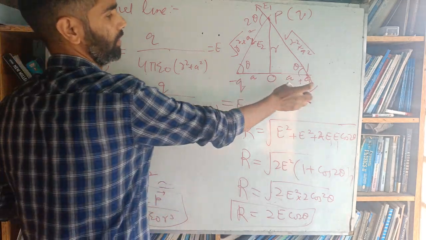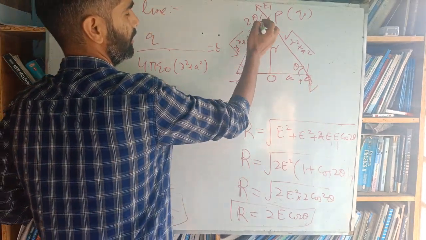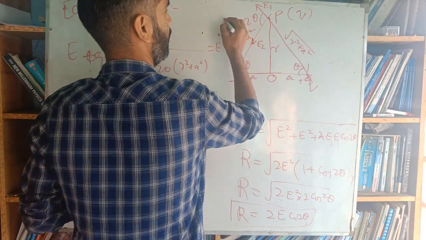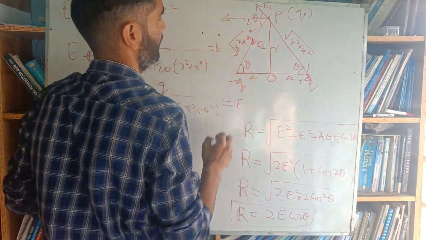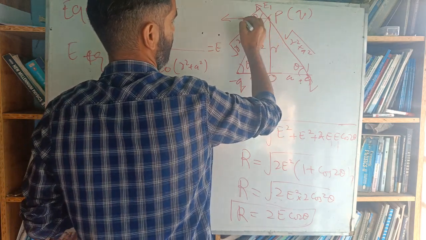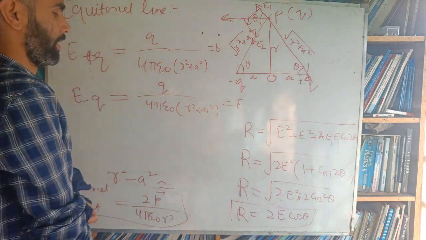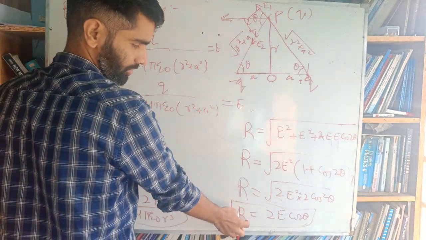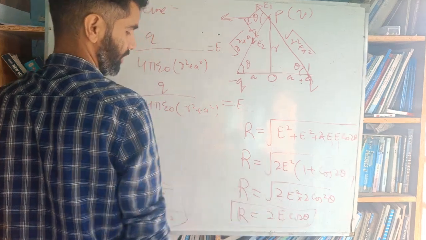Due to the plus q charge and due to the minus q charge, the resultant will be along the diagonal of this parallelogram. To complete this parallelogram, it will be along this direction, and the magnitude is equal to 2 times E cos theta.